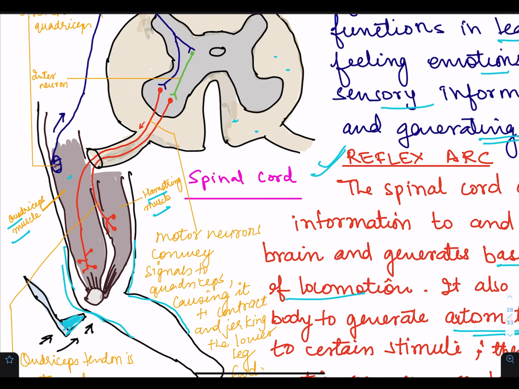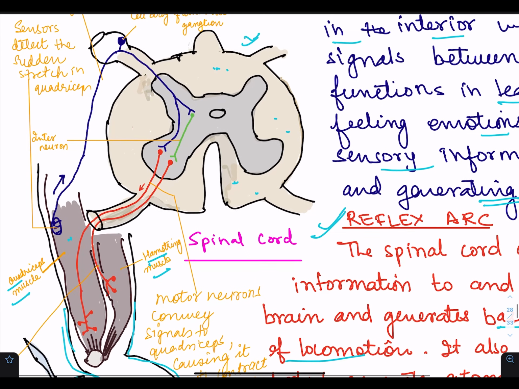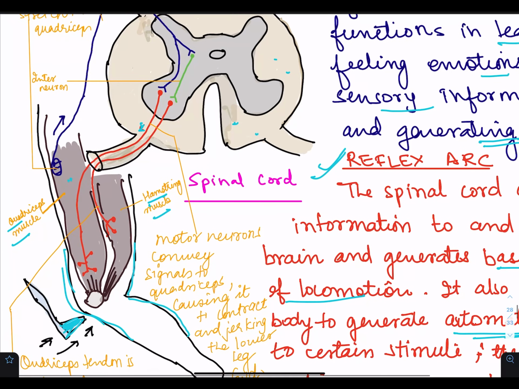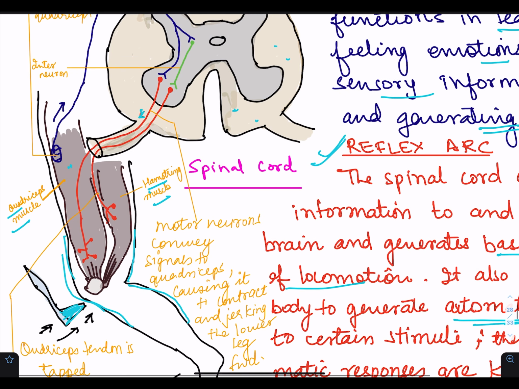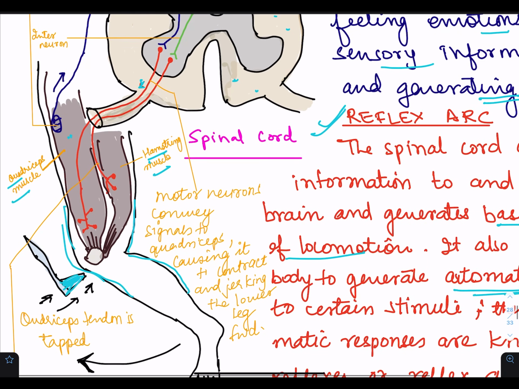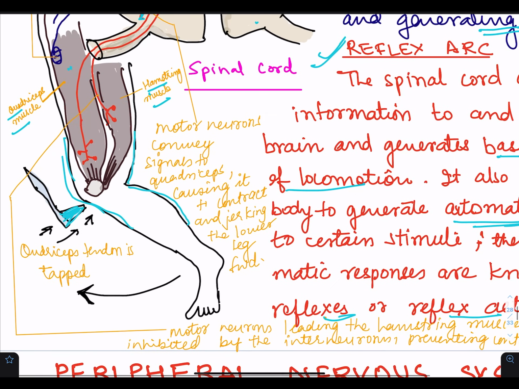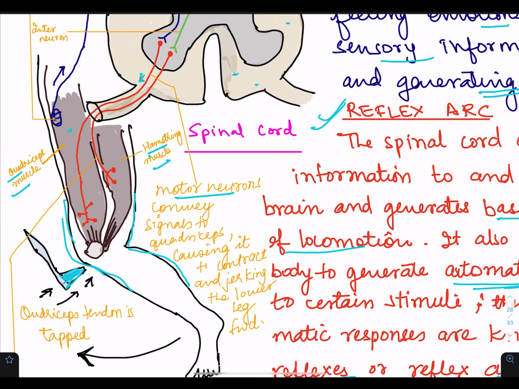And here we see this part is the motor neuron. They convey signals to the quadriceps, causing it to contract and jerking the lower leg forward in response to the stimulus which was given here.